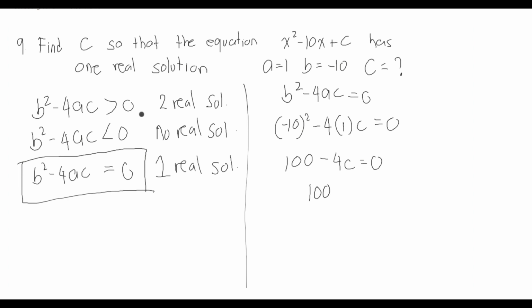Meron ka 100 is equal now to 4c. Then, to find the value of c, we need to divide both sides by 4. So, c now is equal now to 25. So, si 25 ang value ni c para yung equation natin na x squared minus 10x plus c, maging 1 real solution lang siya.